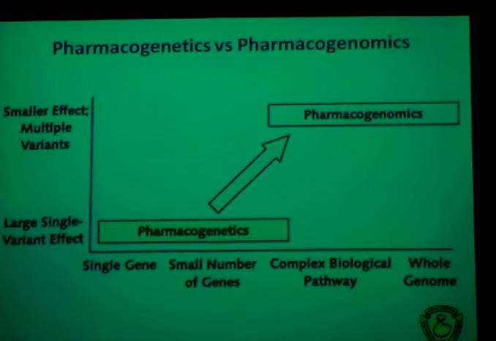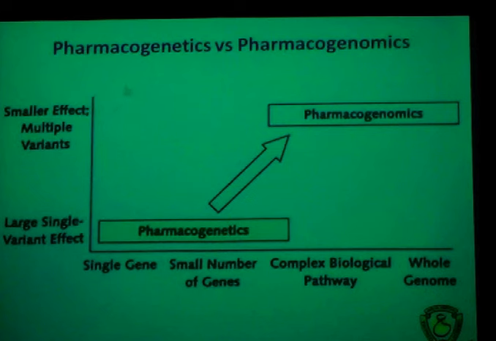So this is a nice picture which shows the difference between pharmacogenetics and pharmacogenomics. Pharmacogenetics deals with single variants whose effects are large. They result in a phenotype. Whereas pharmacogenomics deals with multiple variants, each with smaller effect.